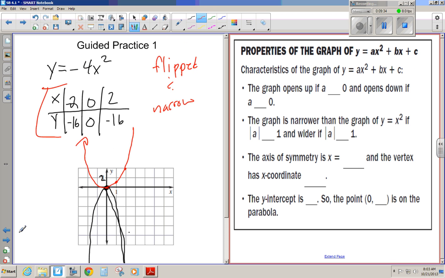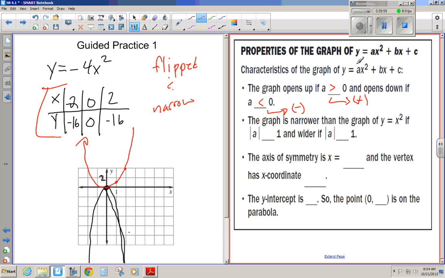All right, if you want an easier way to graph, this is how you set it up. This is standard form. The graph opens up if a is greater than 0 and opens down if a is less than 0. That means this positive, this negative. If the x squared part is positive, it opens up.